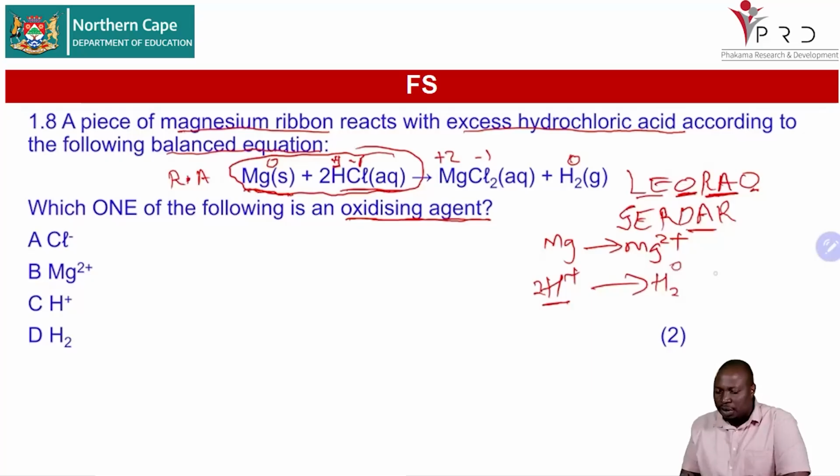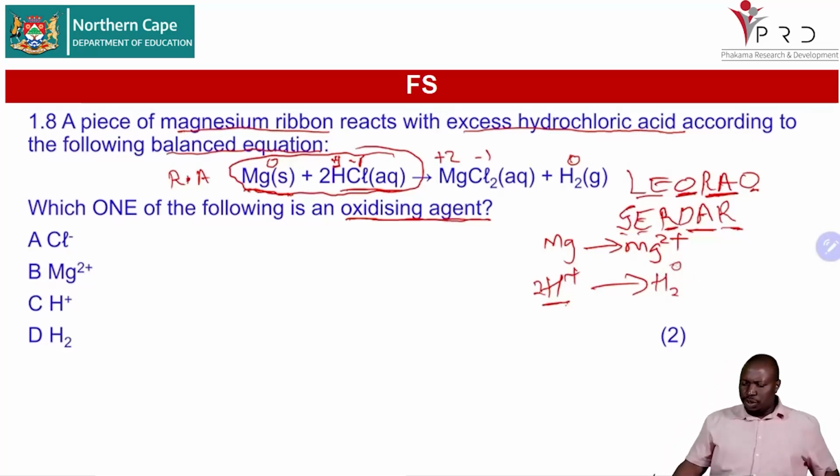So which means now that H+, or the hydrogen ion, has gained electrons and is undergoing reduction. And indeed, the hydrogen ion decreased in oxidation number from +1 to 0. Hence, we are saying the oxidizing agent must be reduced. So you see that H+ has been reduced to 0. So with confidence, you are able to say our oxidizing agent, the one that gained electrons, the one that is undergoing reduction, is reduced from +1 to 0, which is the hydrogen ion.